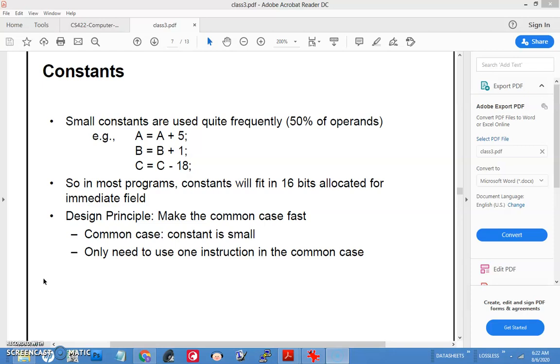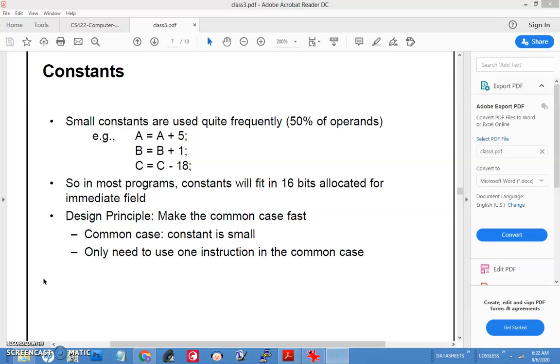If you look at programs, about 50% of the operands are small 16-bit numbers. They found that most programs use 16-bit constants. So they came up with an instruction exclusively for dealing with 16-bit constants, which is addi or subi, the immediate instructions.